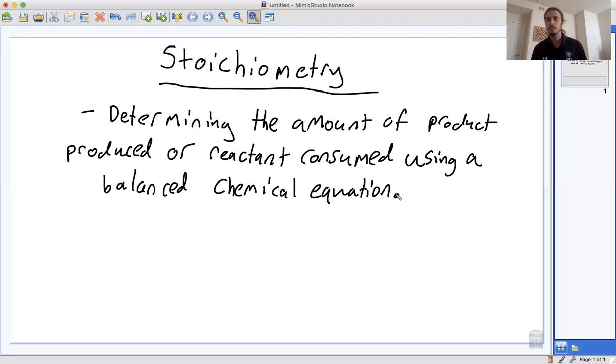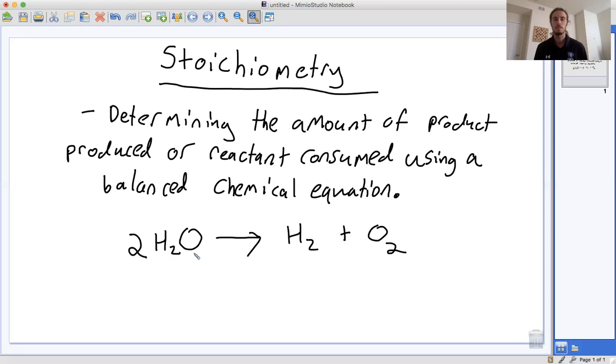So for most of the examples today, I'm going to work with this equation: H2O makes hydrogen plus oxygen. And to balance the equation, we need two waters to balance the oxygens, and then two hydrogens.